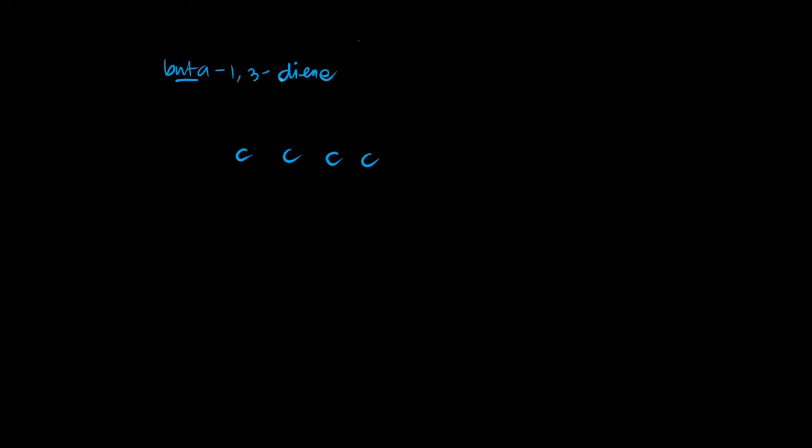And then diene meaning two double bonds. Where? At 1 and 3. So name first. Okay, so one, and starting at 3. So just continue your lines.